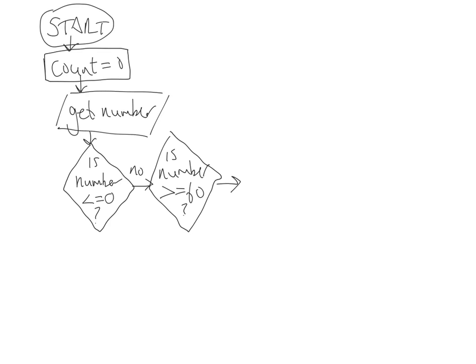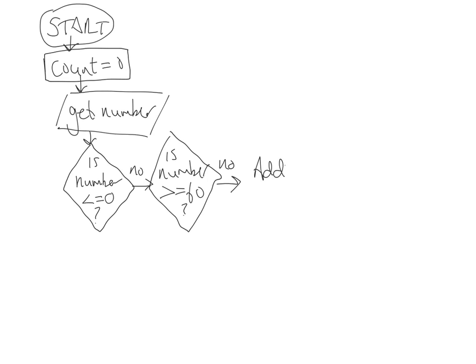And if that is not the case, what we're going to do is say that this valid number should be added to the lottery array. But we'll see what it is.